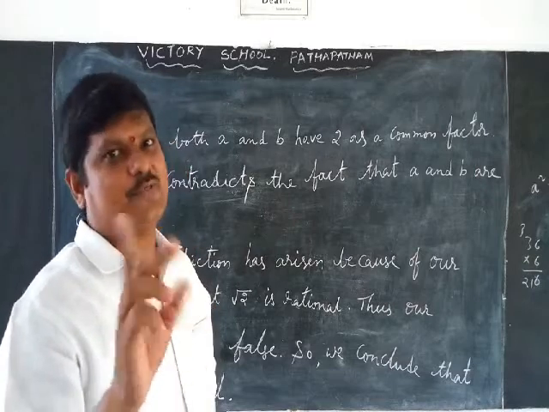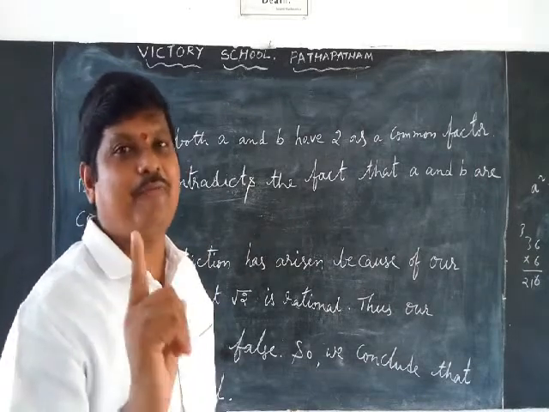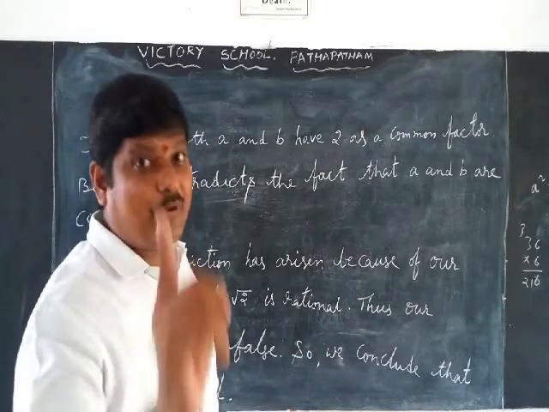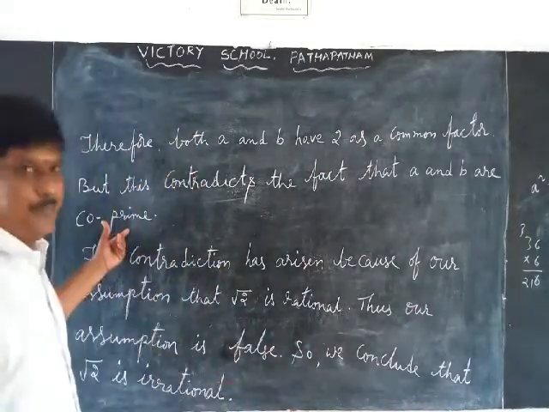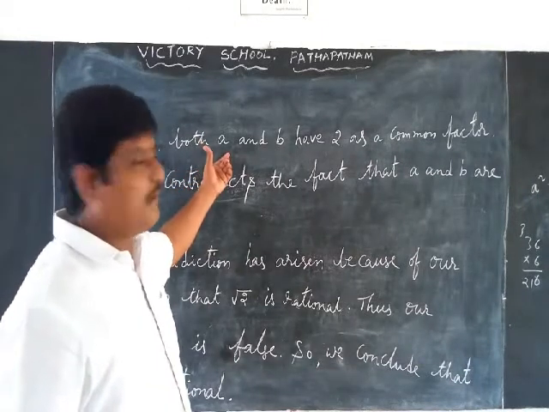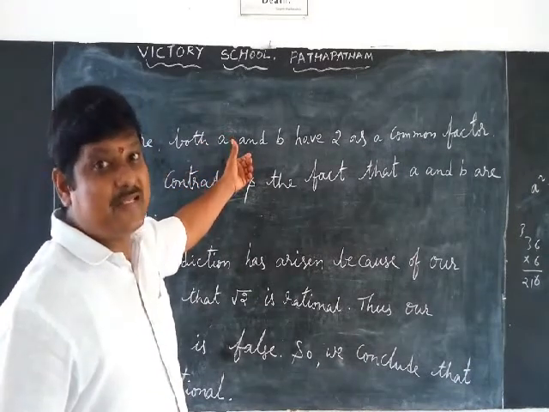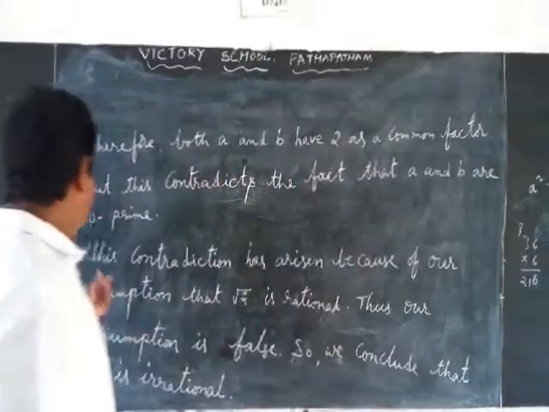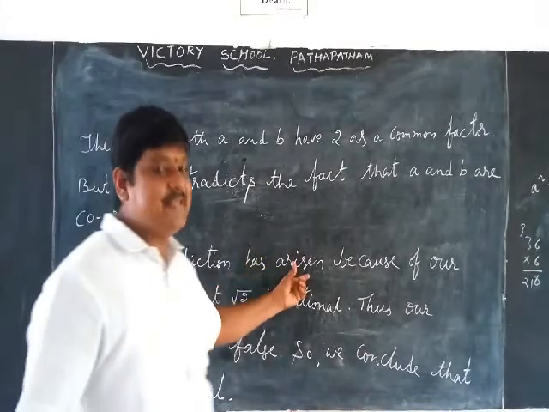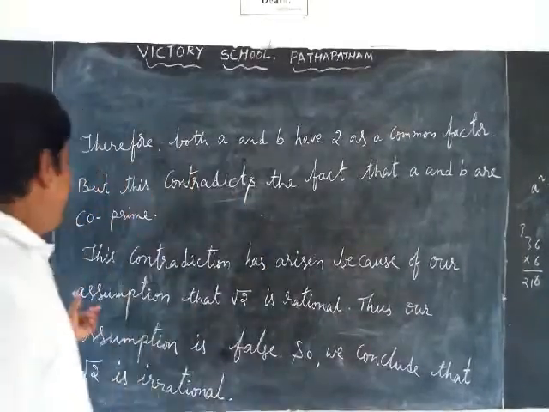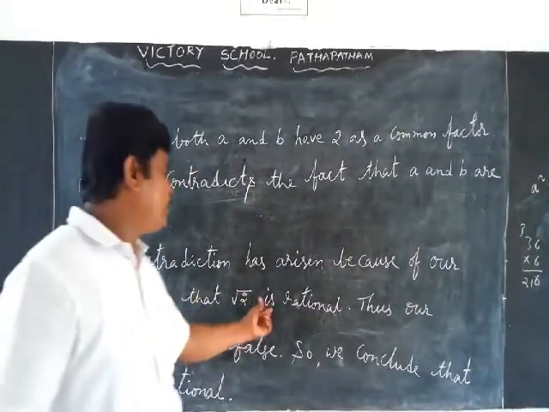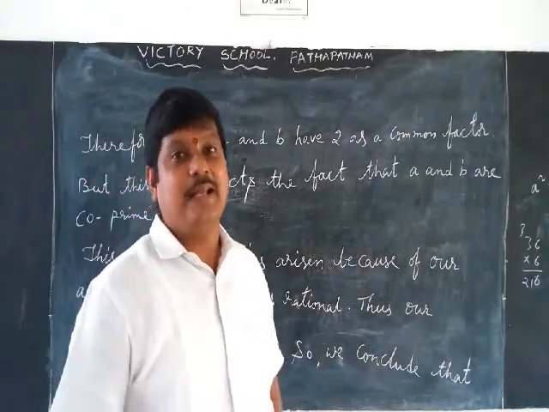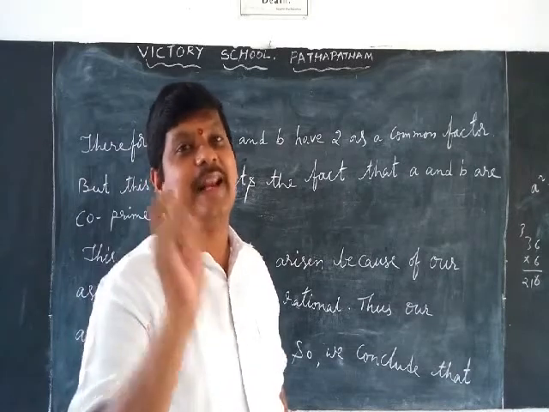If any two numbers, for example 5 and 6, the common factor is 1. A and b, the common factor is only 1. That means co-primes. But here, when we took a by b as a rational number, 2 came out as a common factor. So this contradiction has arisen because of our assumption that root 2 is rational. So in the first step we had taken, let us say, root 2 is rational.